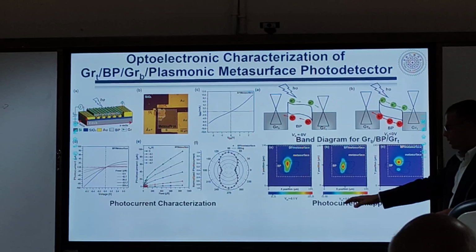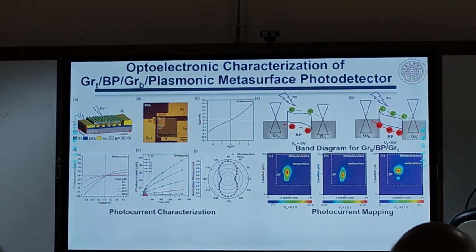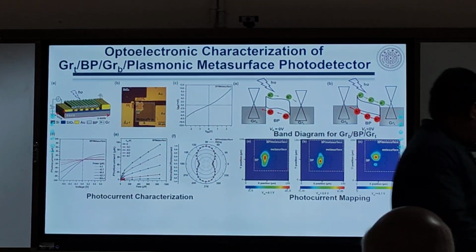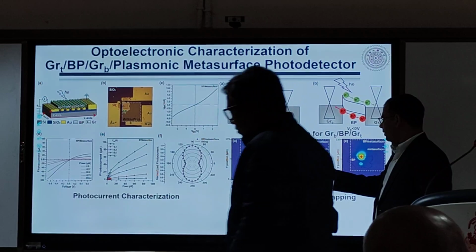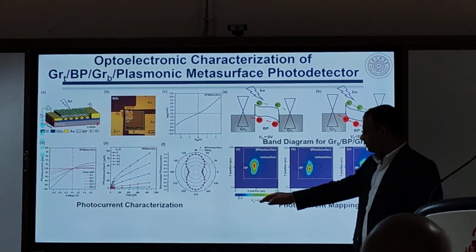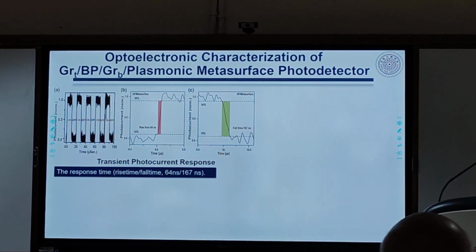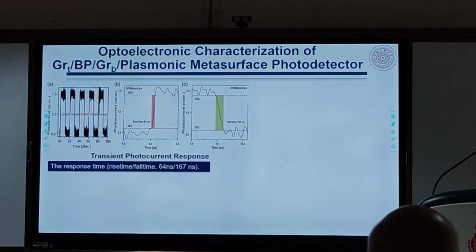This is the zero bias where you are getting the current. You can see the photocurrent is generating inside the graphene and black phosphorus, and the highest photocurrent you are getting is for the negative bias.